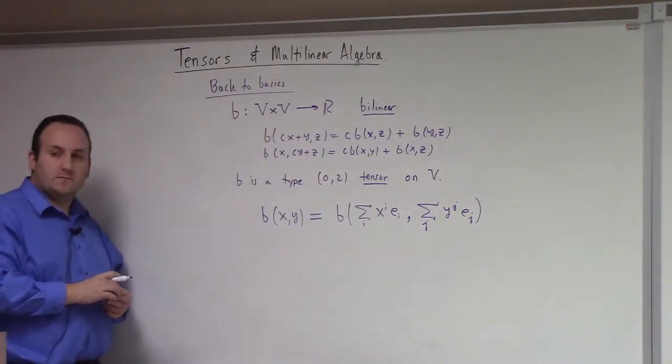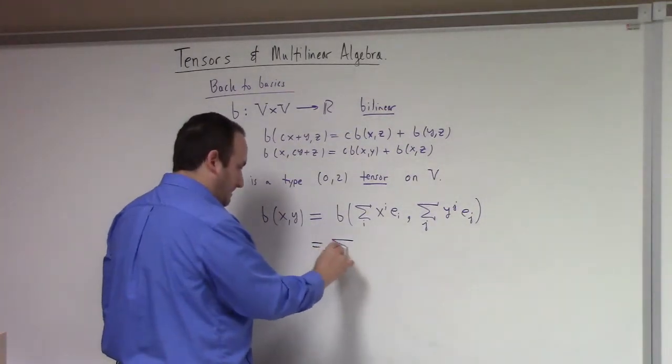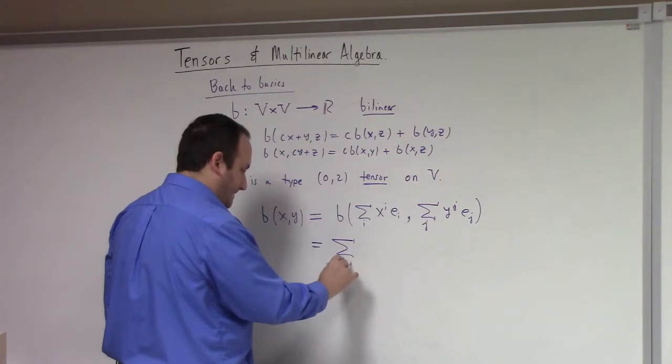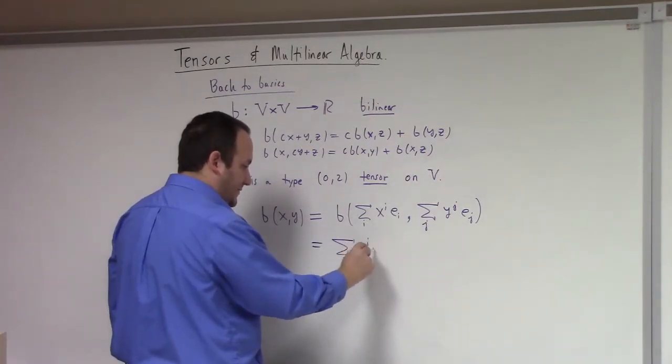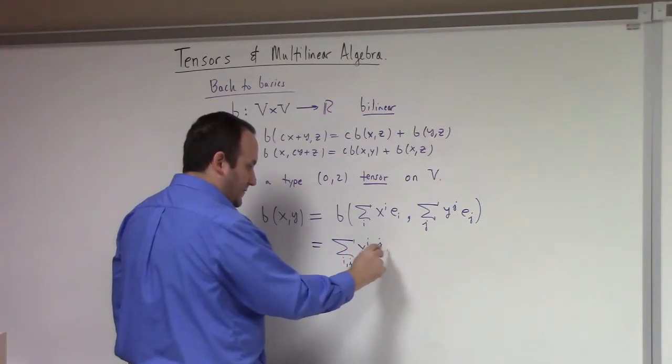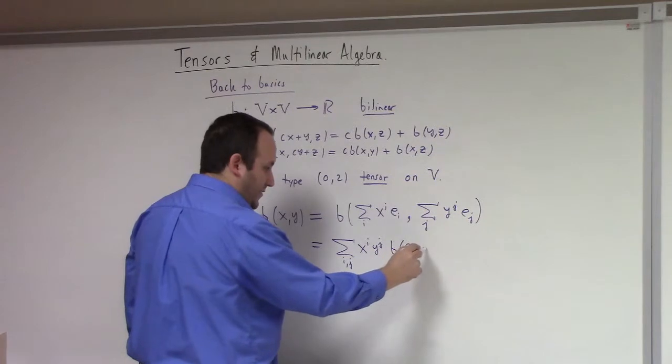And so how's that go? Well, you've got to pull both sums out, and pull the constants out too. We get x^i y^j, and then we've got B(e_i, e_j).